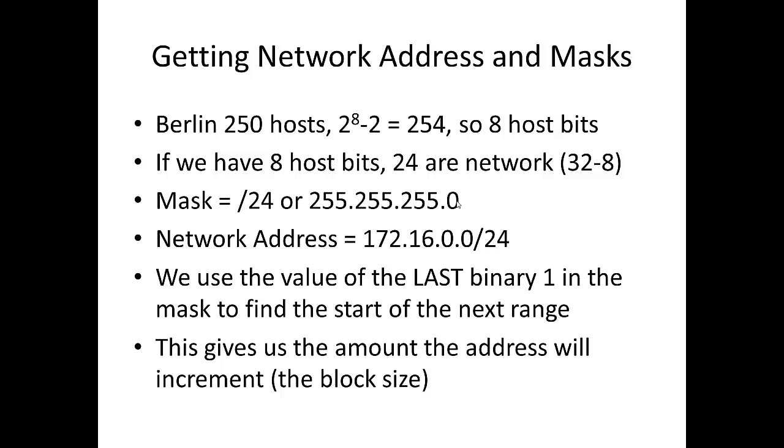What do I mean by this? Well, if we wrote this mask in binary, then the final binary 1, which is the last one here, would have an equivalent decimal value of 1. What this means is the equivalent octet, which is the third octet in the network address, would increment by 1 for the start of the next range.